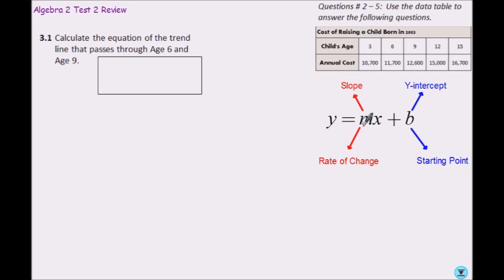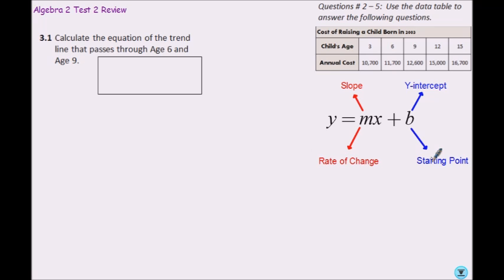Well, that's true to an extent, but I think what you'll see here is we really want to conceptualize this as the rate of change. And once we actually get this set up, I think it'll make a little more sense. The b represents the y-intercept when we graph. But in the context of what we're going to look at here, you almost want to think of this as the starting point.